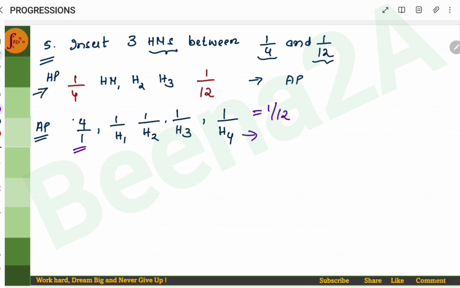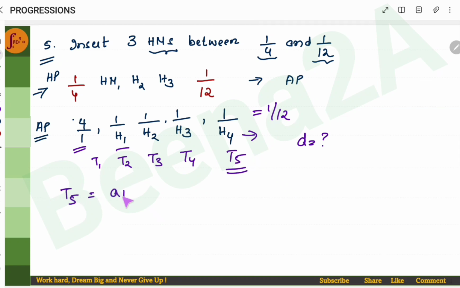Now in AP, what is the term formula? You need to find each of these terms: T1, T2, T3, T4, T5. Now to find the terms, we first need to know the common difference. How do we find the common difference? We'll use the term formula because we know the fifth term, which is 1 by 12.